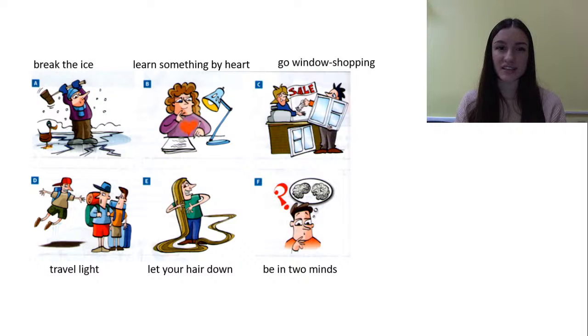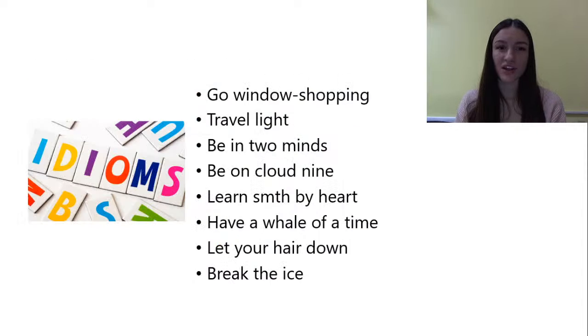So here you can see the correct answers. Well, so there are the phrases. Go window shopping, travel light, be in two minds, be on cloud 9, be very happy, learn something by heart, have a whale of a time, means to have great time, гарно проводити час. Let your hair down and break the ice.